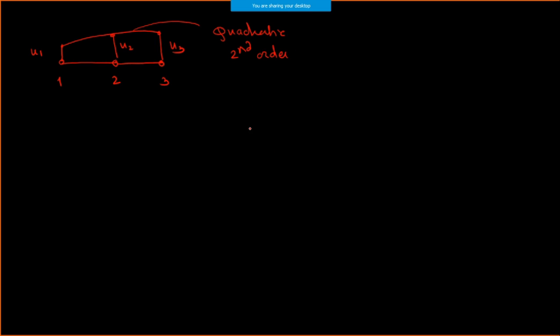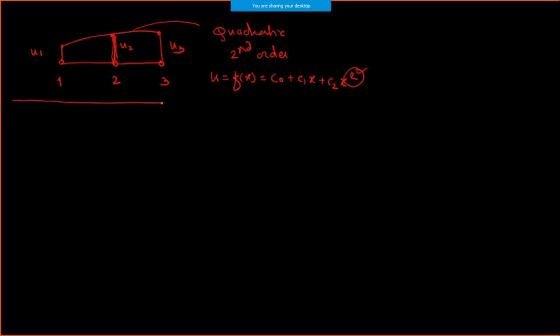So when we are dealing with the second order, I will have u as a function of x, and that function may be c0 plus c1x plus c2x squared. This is quadratic, because the power here is 2.